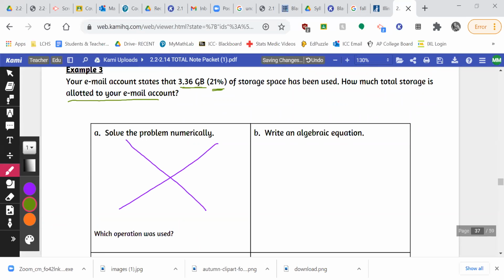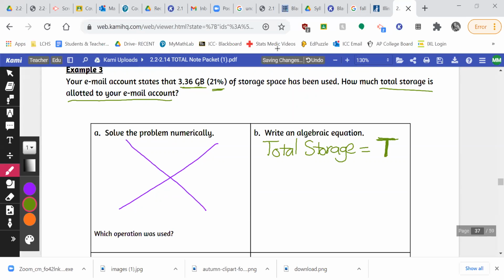So it's asking for how much total storage is in our email. So total storage is what we are solving for. You don't want to say just storage, because just storage could be how much storage we're using right now or how much total. So you want to be specific.